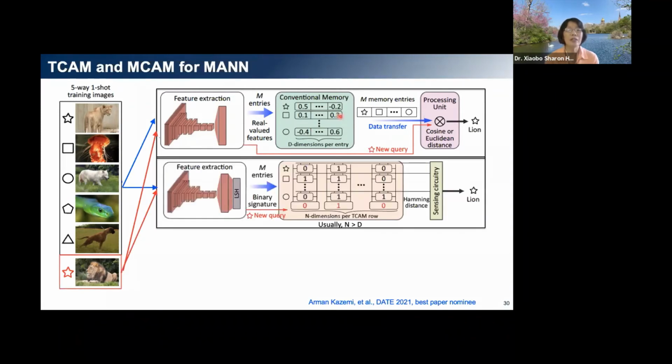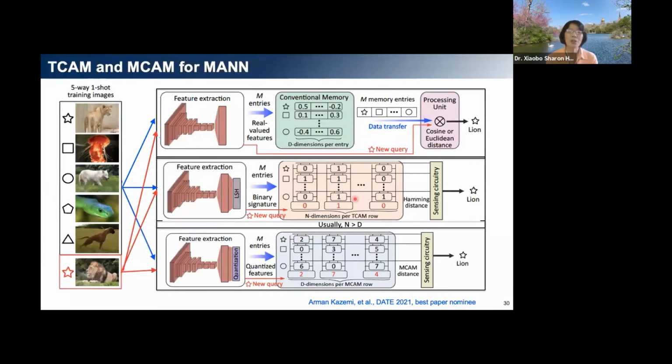It turned out that we can use the ternary content addressable memory to implement this attention memory. In this case, we could use a locality sensitive hash to help improve the accuracy. I will not go into the details, but the key here is that using TCAMs, we are basically using the function called best match.